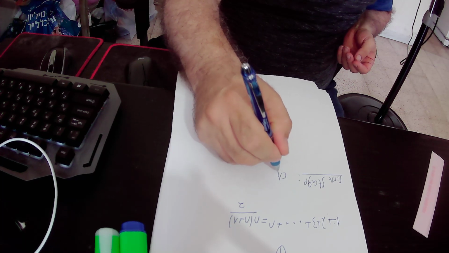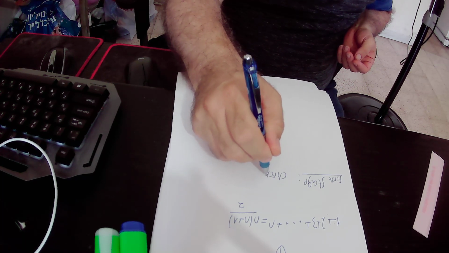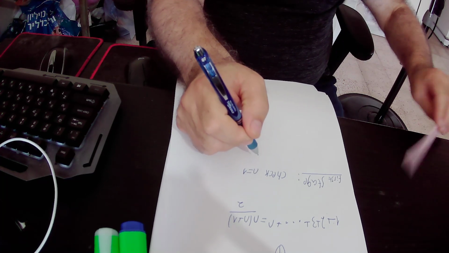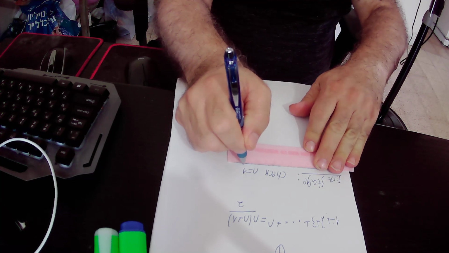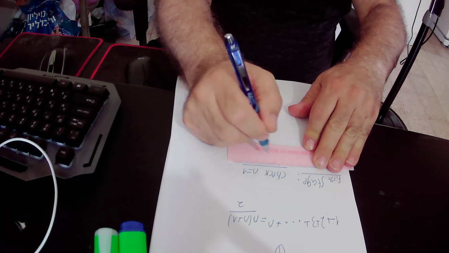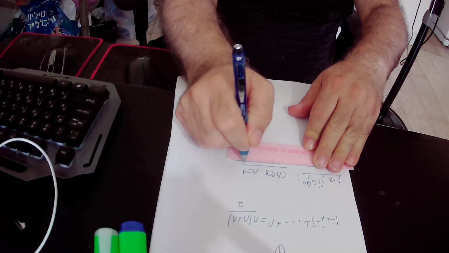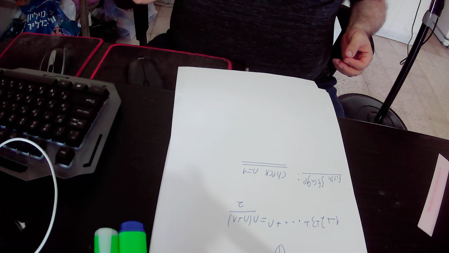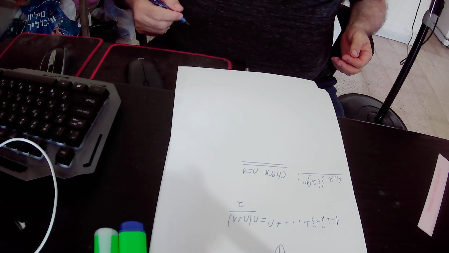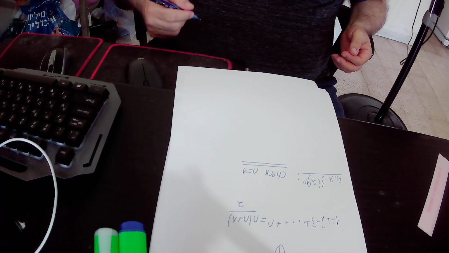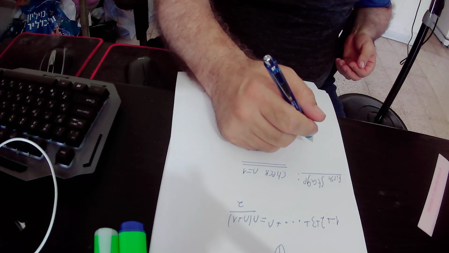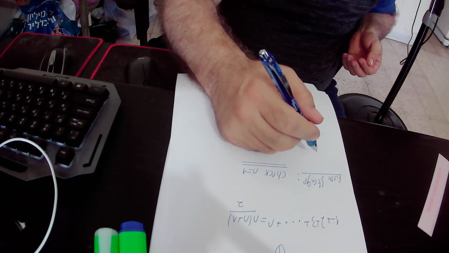So we will verify that the statement is true for n equals 1. As I've already told you, we can proceed to the second stage only if we succeeded to pass the first stage. So we have to prove that the statement is true for n equals 1 in order to proceed to the second stage.